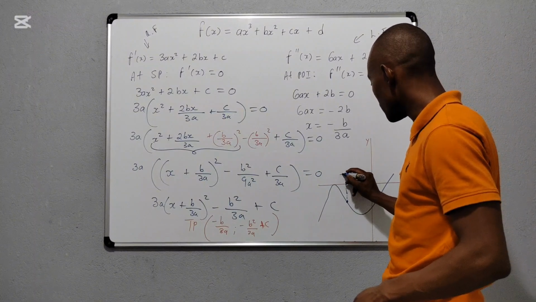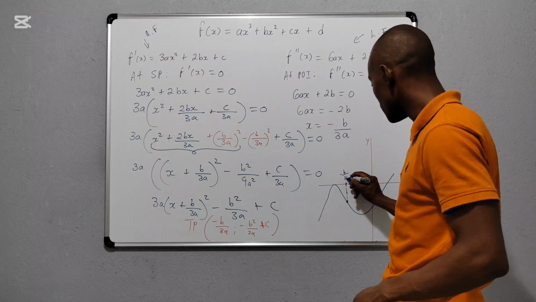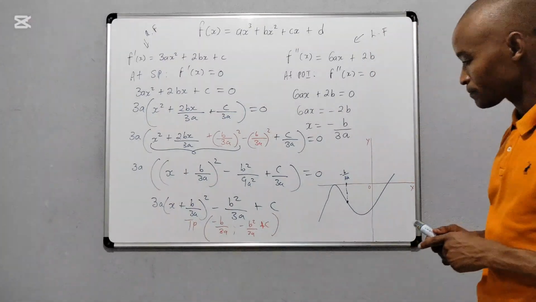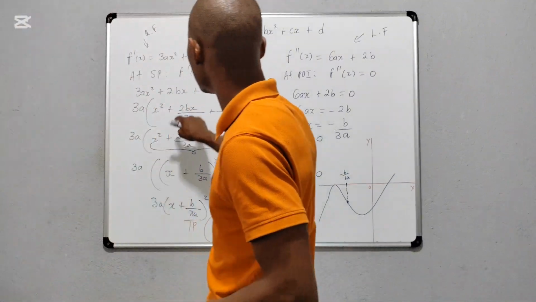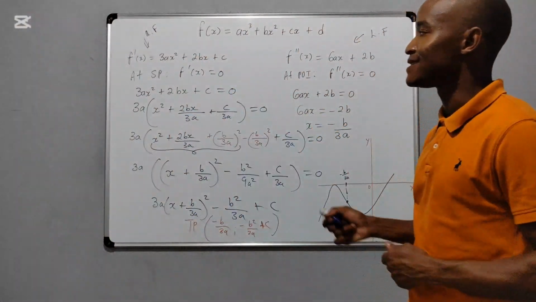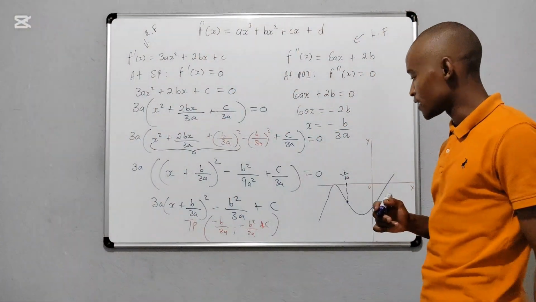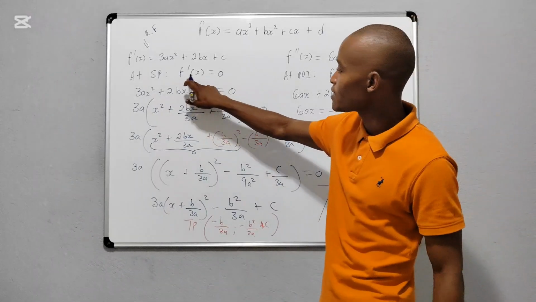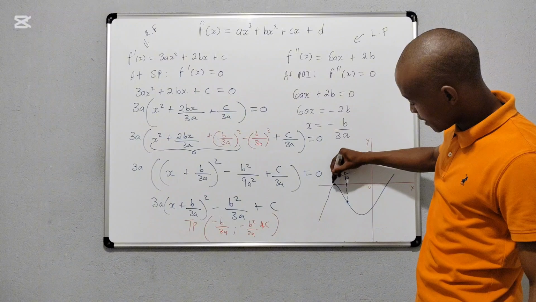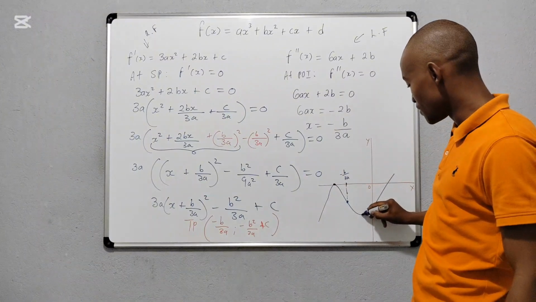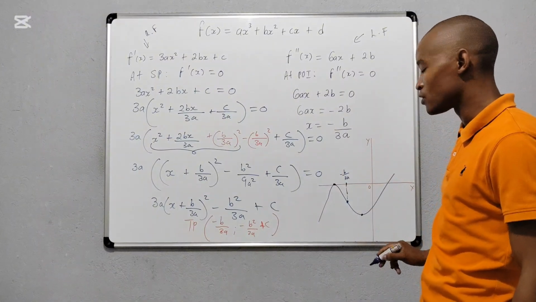What is that? Negative b over 3a. And in terms of our first derivative is our quadratic function. And what did we say? At stationary point, the first derivative is 0.